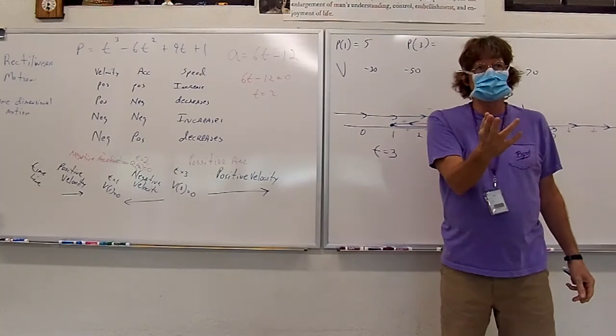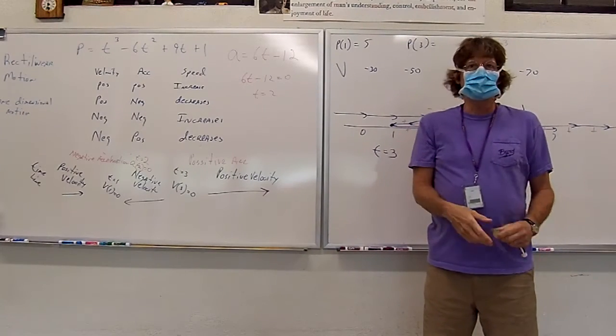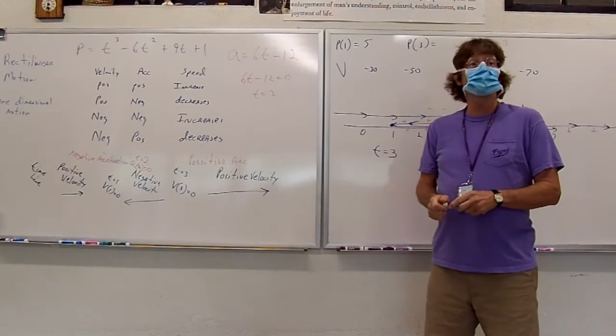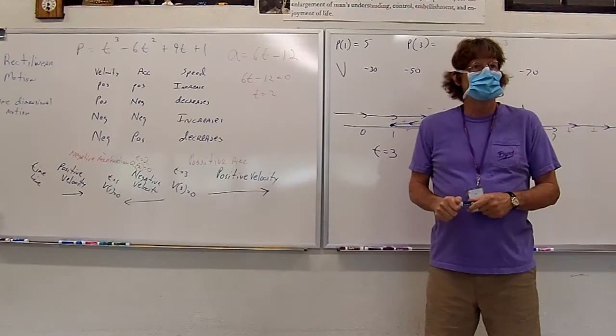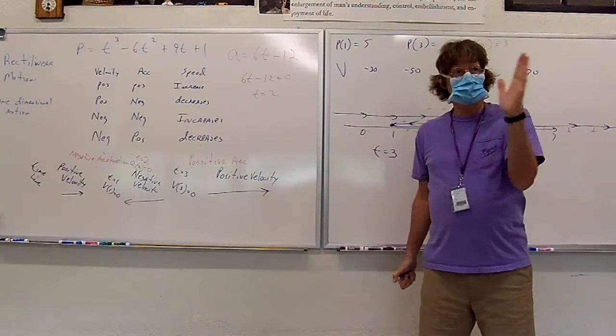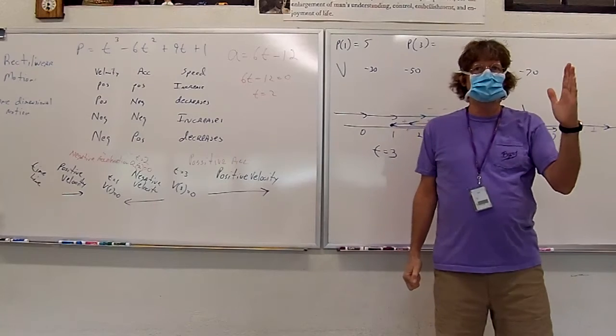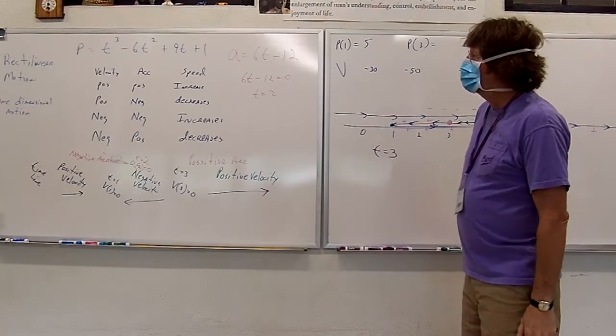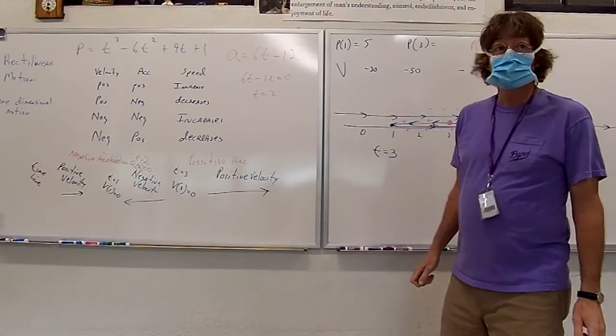But we can't do anything that complicated yet because we don't know how to take the derivative of trig functions. Trig functions deal with that problem of moving, backing up, moving, backing up, and that kind of thing. But we're not there yet. That is one-dimensional motion.